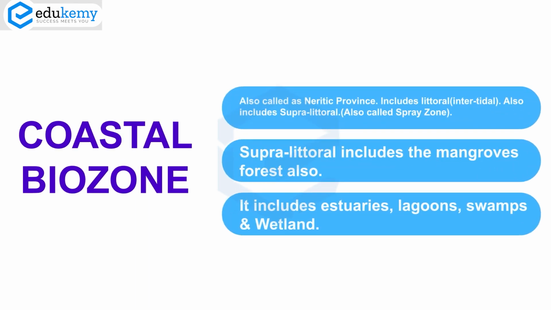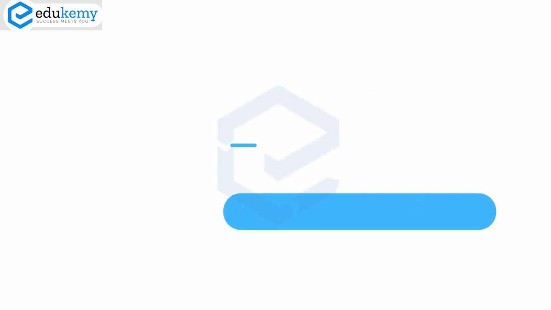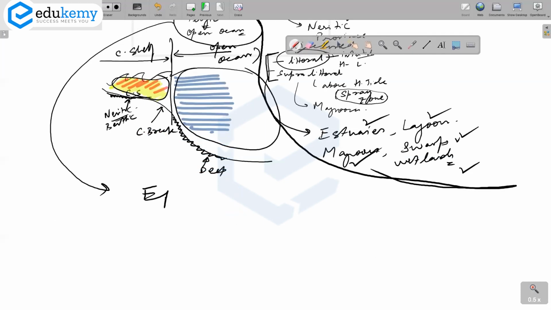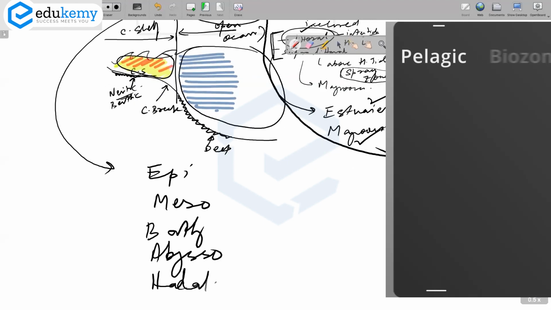This is the coastal part. The coastal part has estuaries, lagoons, swamps, wetlands, mangroves and shallow waters, and pelagic is the open waters. Pelagic waters you can divide into epipelagic, mesopelagic, bathypelagic, abyssopelagic, and hadal pelagic.